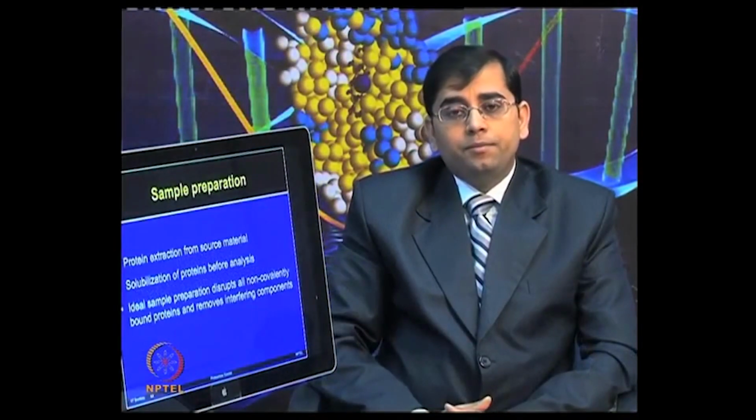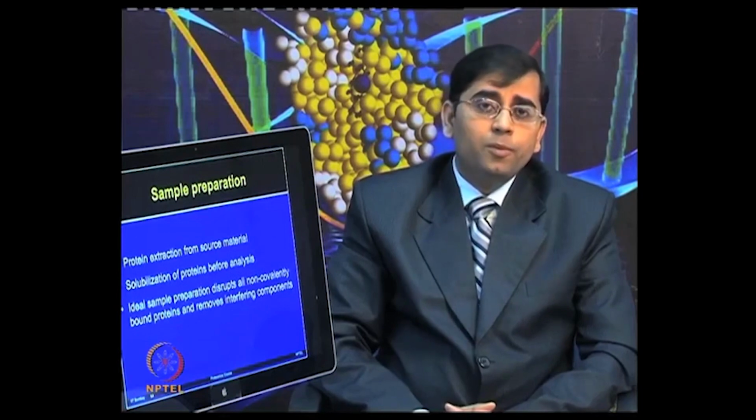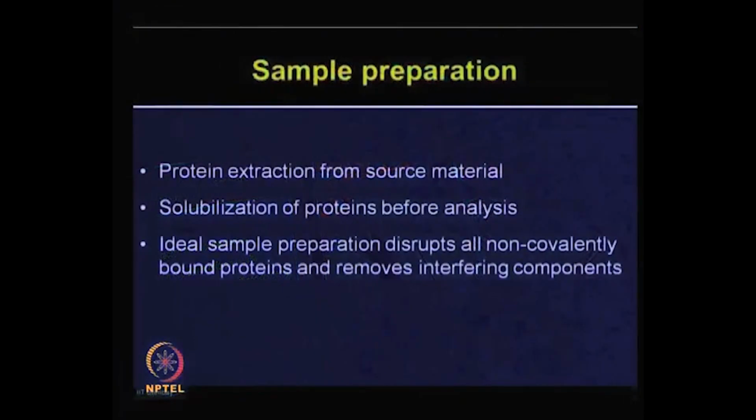Sample preparation. The protein extraction should be performed from source material, and then you need to solubilize the proteins before starting analysis. The ideal sample will disrupt all the non-covalent bonds present with the proteins, and it will remove the other interfering compounds.